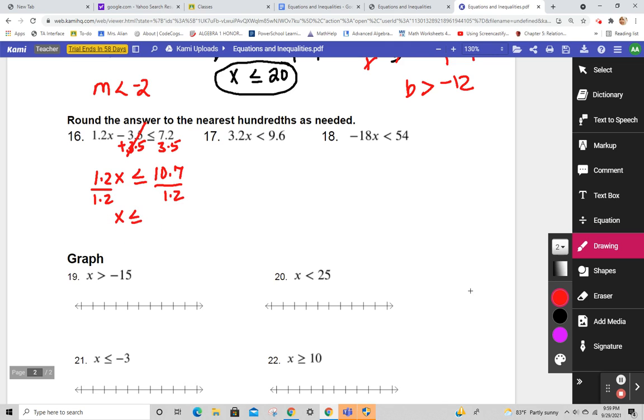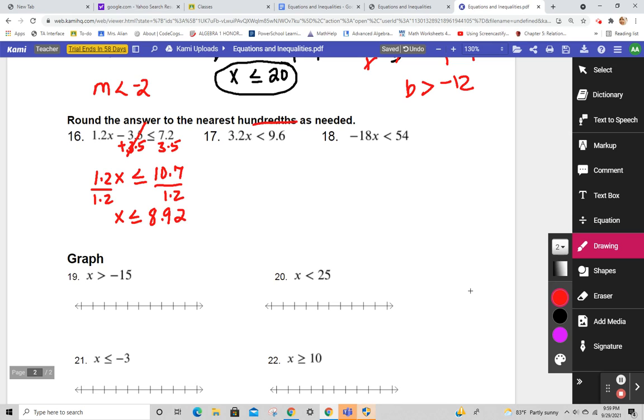So x is less than or equal to 10.7 divided by 1.2, and we're going to get 8.92, since it says round to the nearest hundredths. So we rounded to the nearest hundredths.